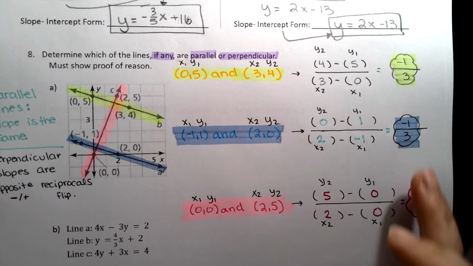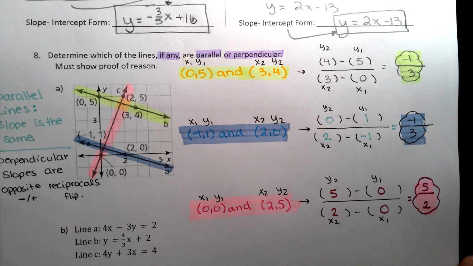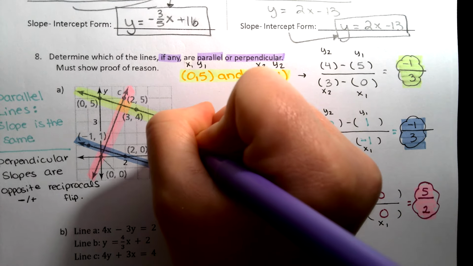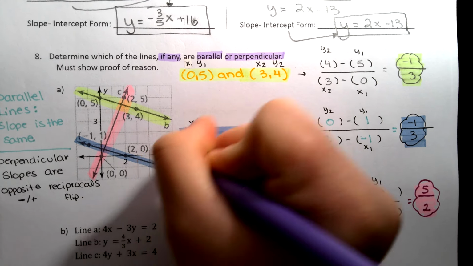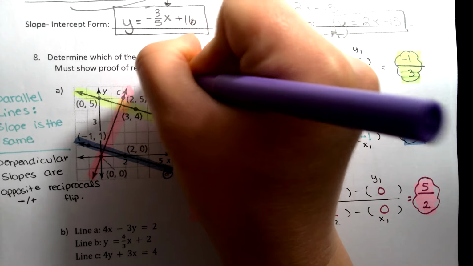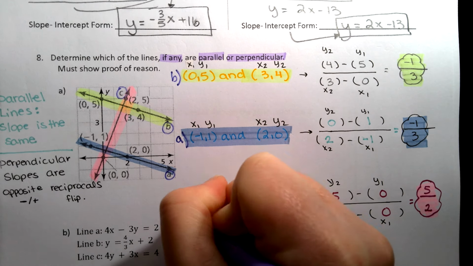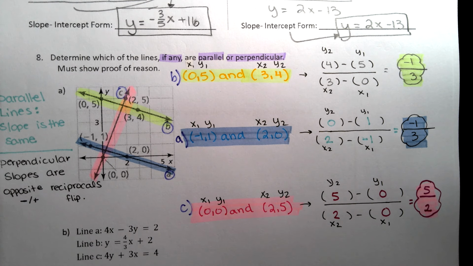So we're taking a look at all 3 of these here. And they already labeled the ABCs. So our blue is an A. Our yellow was our B. And our pink was a C for the name of the line.